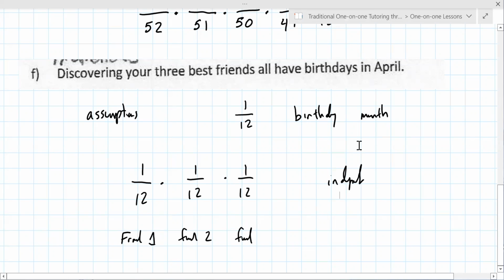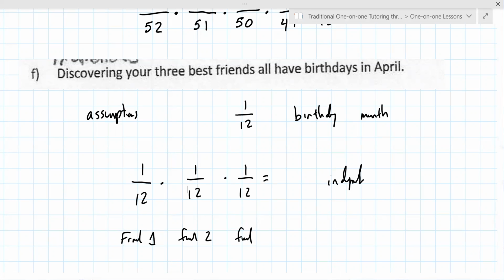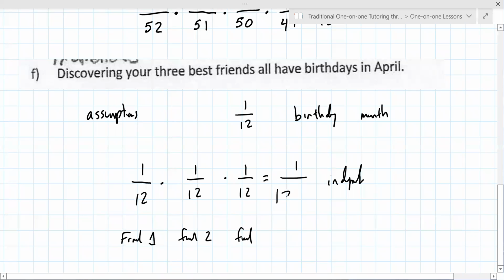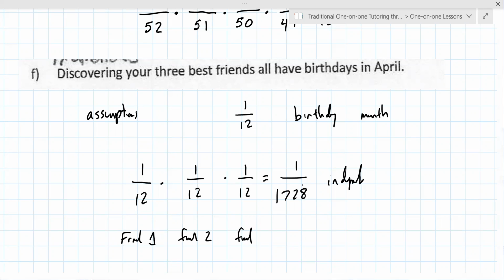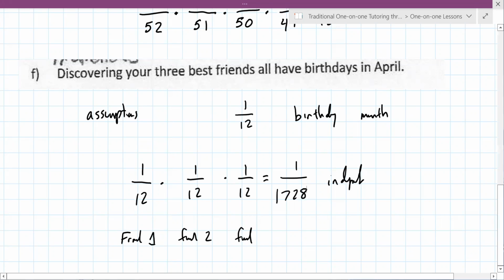One does not impact the other. Right. So I would probably go fraction here on this one. This is 1 over 1,728. And that's pretty small. These are independent. Okay, that makes sense.